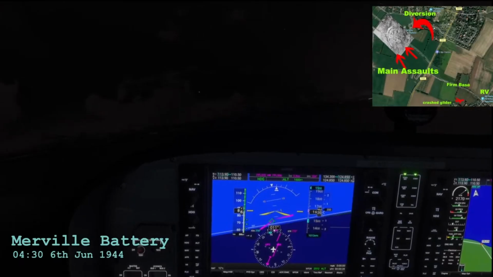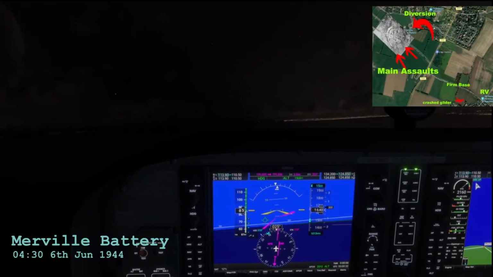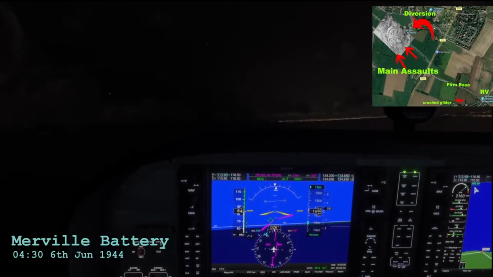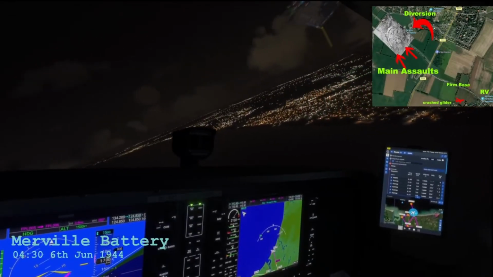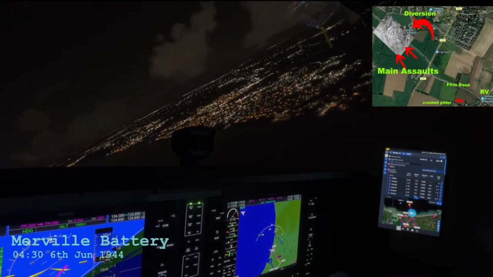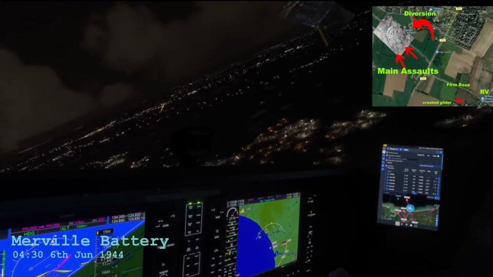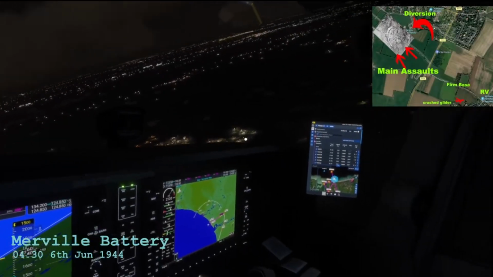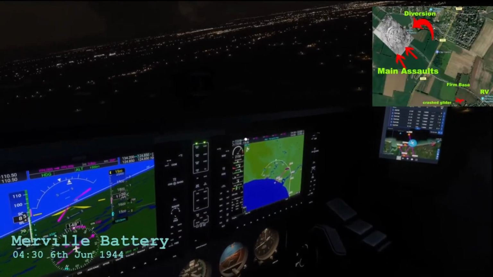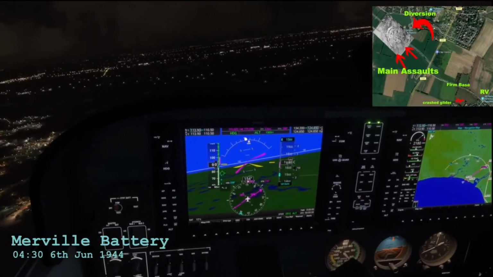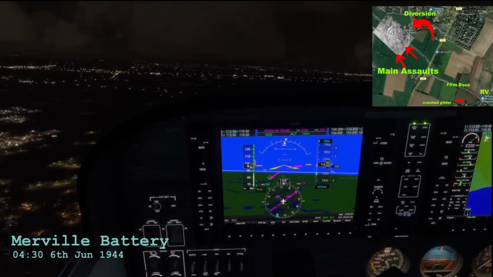Now there were 3 gliders planned on landing here. One of them, very early on after takeoff, lost its tow rope and had to go back. 2 came in, 1 crashed about 2 or 3 miles away, couldn't find the thing, and the other one, as we find, also crashed.